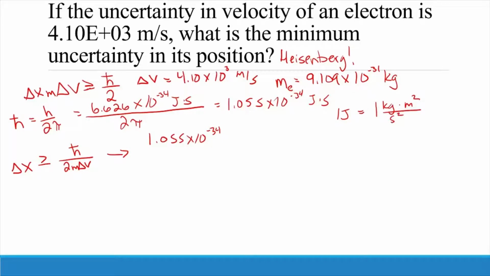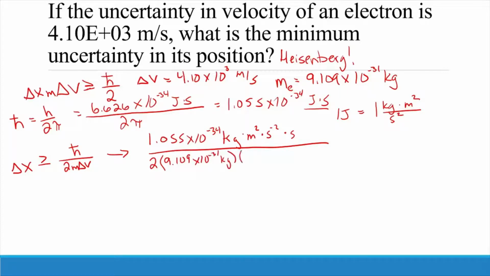I'm going to rewrite this a little so it's easier to see the units canceling out: kilograms times meters squared times seconds to the negative 2, because that means 1 over seconds squared, and then times seconds, since it's a joule second, divided by 2 times our mass, 9.109 times 10 to the negative 31st kilograms, times delta v, 4.10 times 10 to the 3rd meters per second.